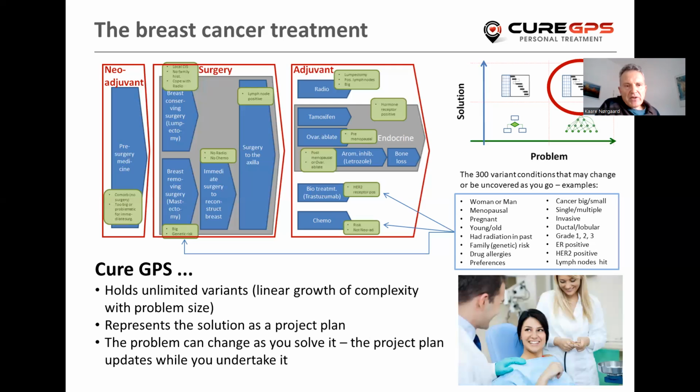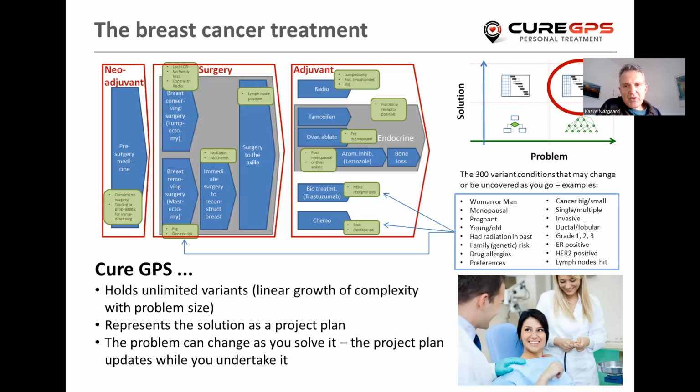So the Cure GPS, or the tool that I'm presenting, will hold all these many variants, and that's because the underlying software, which I'll present in a moment, grows linearly with these many variant conditions. And that's why we can hold them, because we don't have a complexity growing problem.